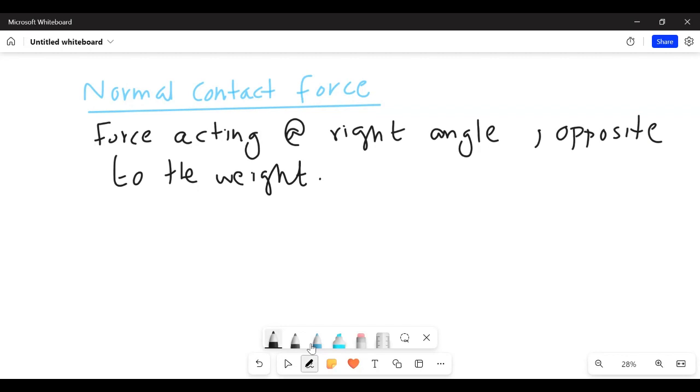So it's a force that acts at a right angle in the direction opposite to the weight, at the point of contact as well.